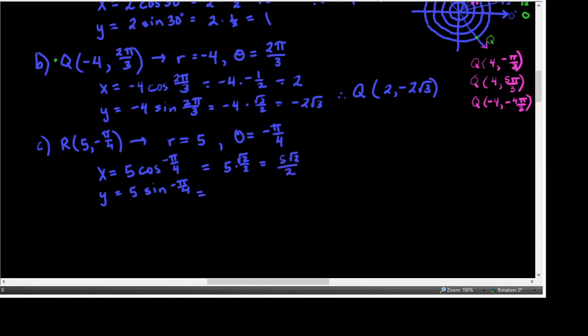And we know that sine of negative pi over 4 is negative square root of 2 over 2. So that's negative 5 square roots of 2 over 2. Therefore, point R is at (5 square roots of 2 over 2, negative 5 square roots of 2 over 2).